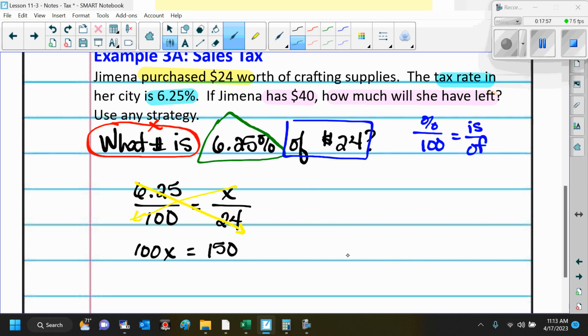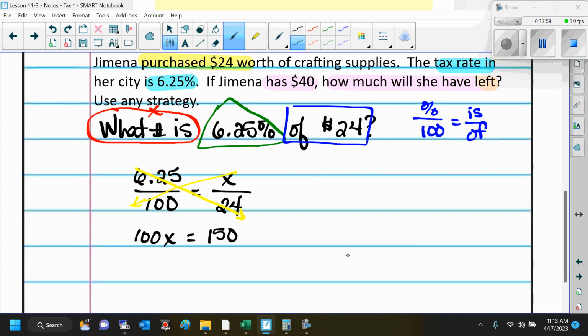And then to get the x by itself, we will divide by 100 on both sides. Very good. What's 1.5? $1.50. Very good. So yes, and that is the tax.